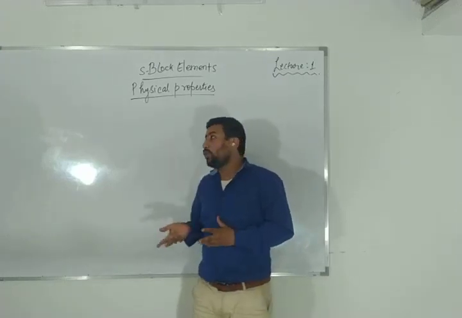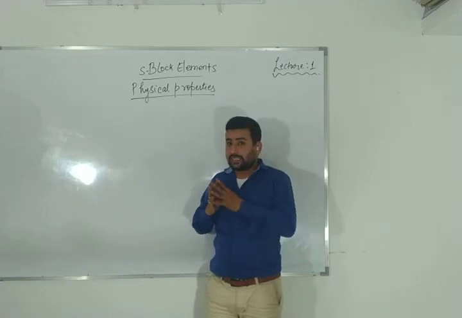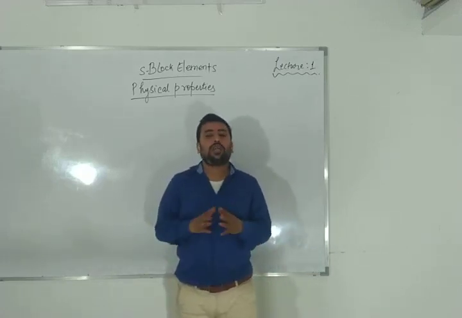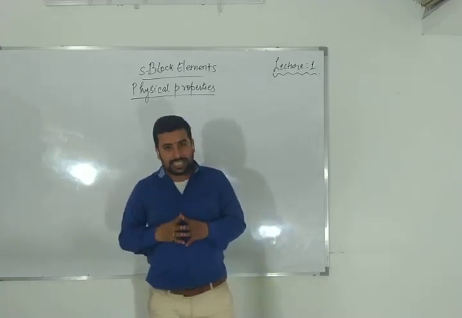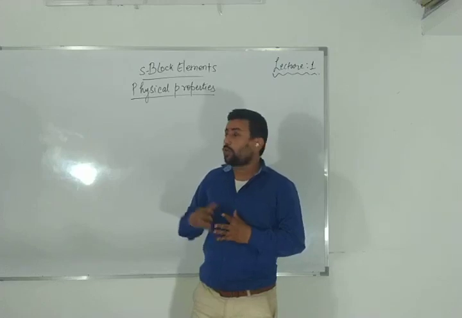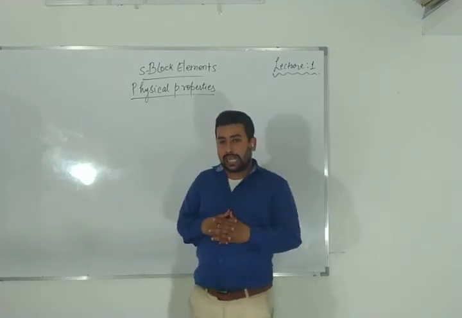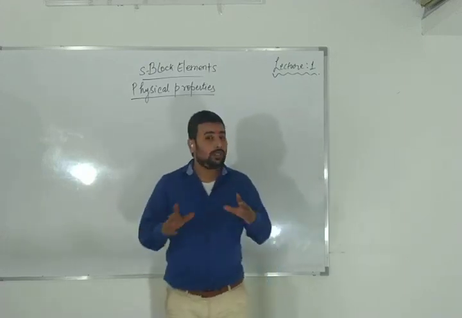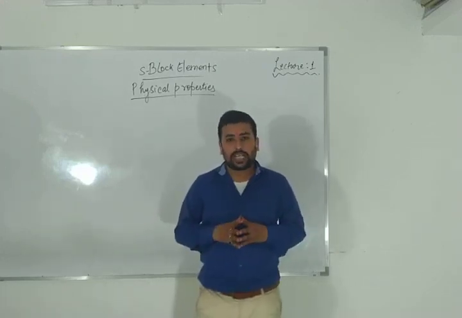So in the next video we will specially discuss about the physical properties, chemical properties and the uses of group number 1. In this video we have just given an introduction of S block elements and some of the physical properties like general electronic configuration, ionization enthalpy, hydration enthalpies. So dear student, you should draw that table in your notebook. In the next video we will meet and we will discuss more about the S block elements.